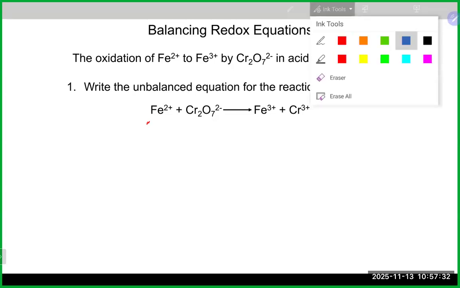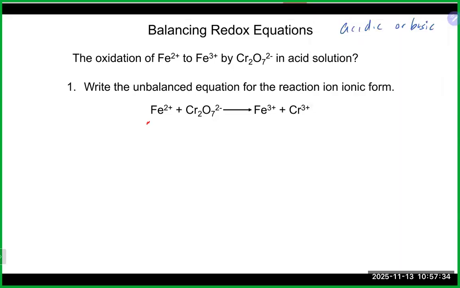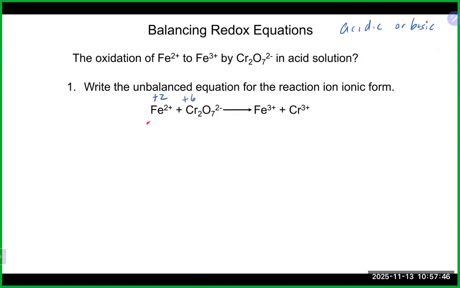The first thing you would want to do perhaps is just kind of figure out what is going on in terms of who's being oxidized, who's being reduced. So if I start assigning some oxidation numbers here, my iron obviously is +2. We just did this one on the previous page, so that was +6. That was -2. And obviously here are +3 and our +3 happening.